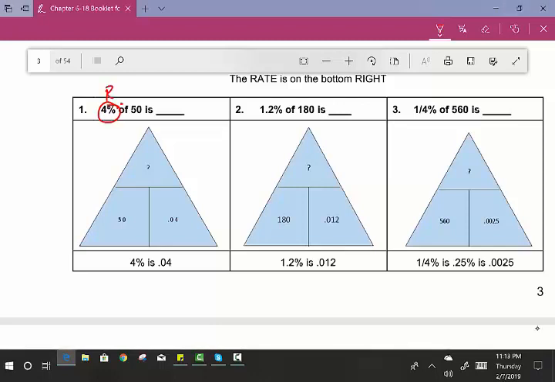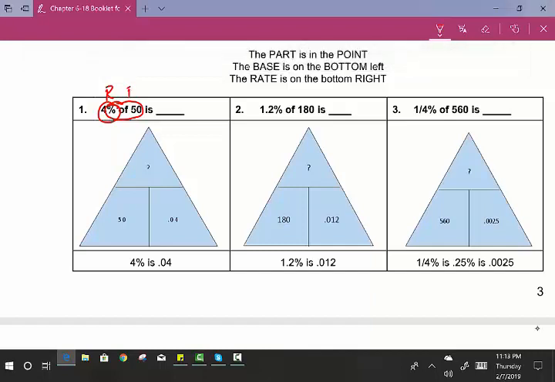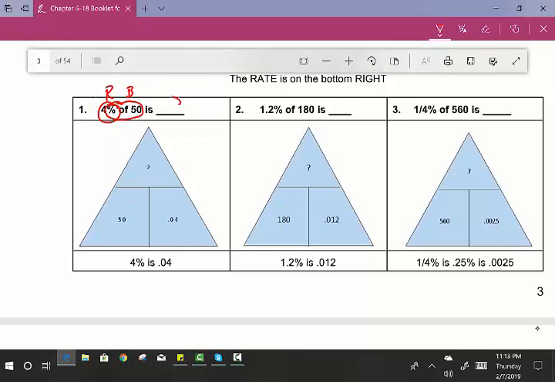And the number that follows percent of is usually the whole value. This is a complete piece of the puzzle. So the number that follows percent of is generally the base. And the number that's associated with is or equal is your part. So in this particular case, we're solving for the part.